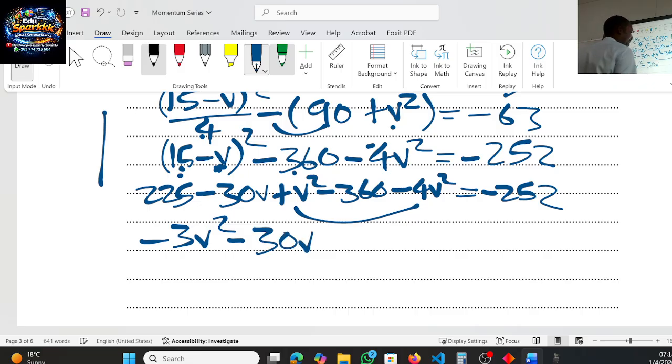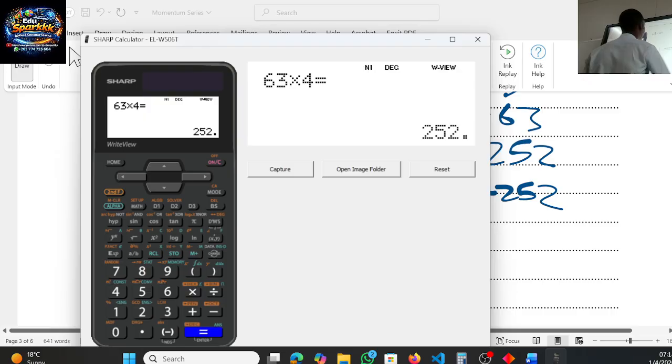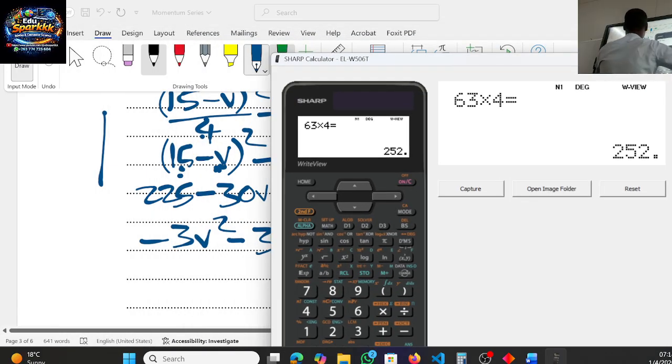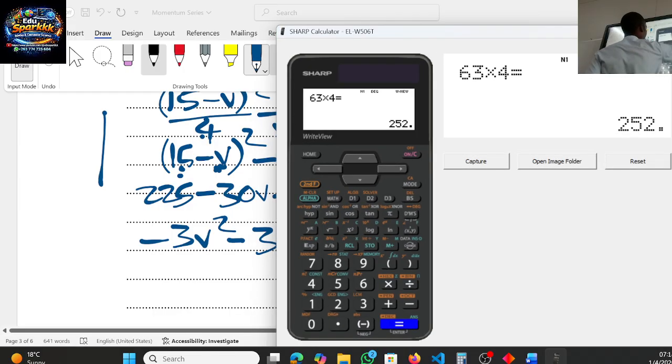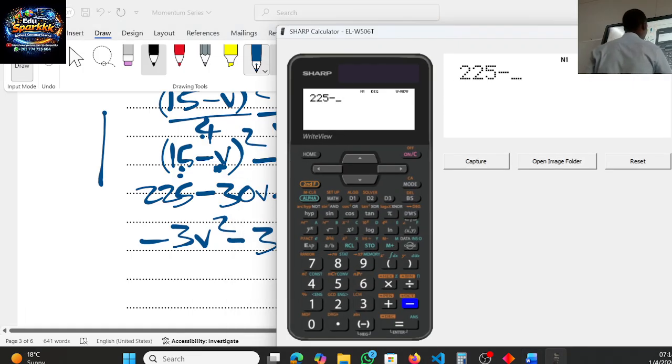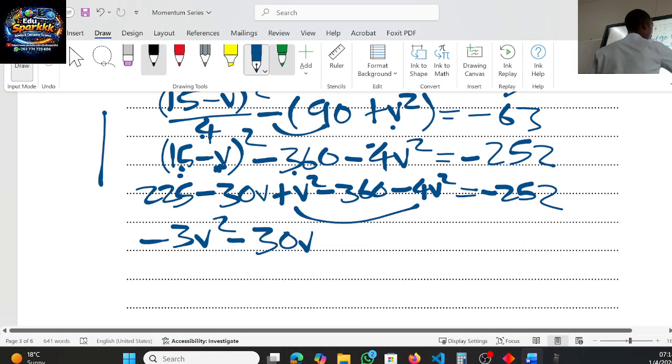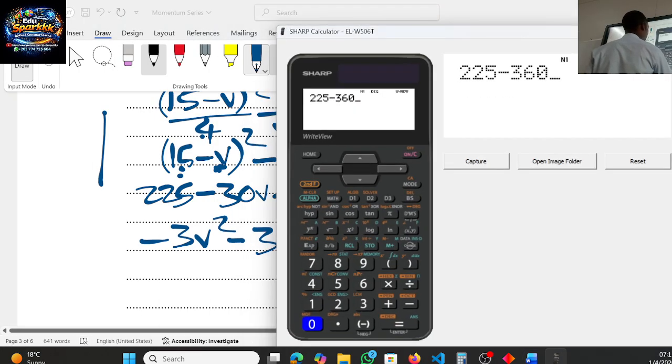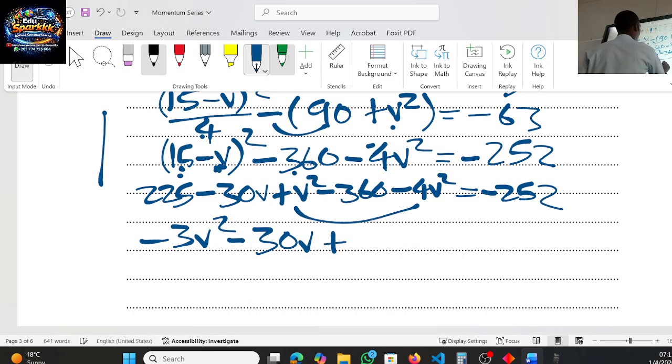Let me deal with the numbers now. So if I bring my calculator, the numbers that I want to target are 225 minus 360. But remember, when we transpose negative 252, it becomes positive 252, giving us 117. So that's plus 117.